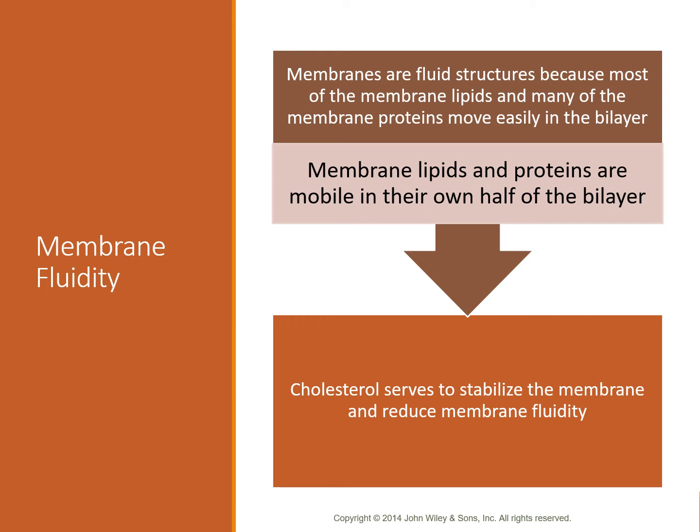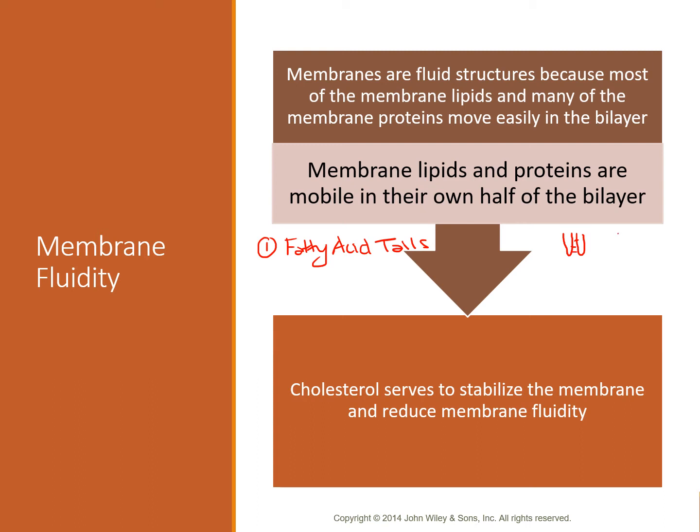Membrane fluidity depends usually on 2 things. The first one is going to be the amount of double bonds in the fatty acid tails. And remember, this is the difference between saturated and unsaturated fatty acids. So saturated fatty acids are going to be all completely straight tails. They're going to be able to bind really easily between them.